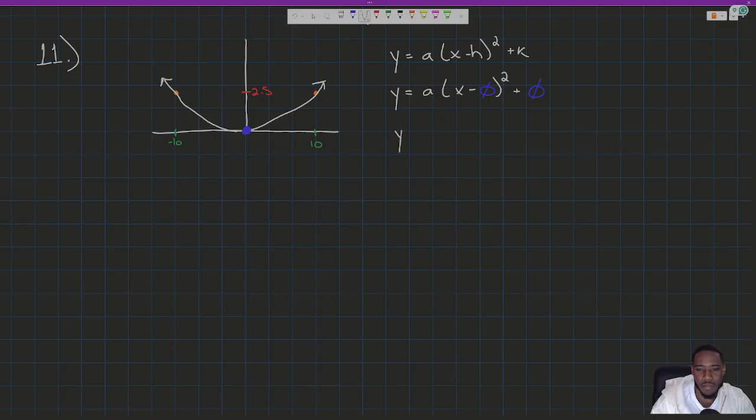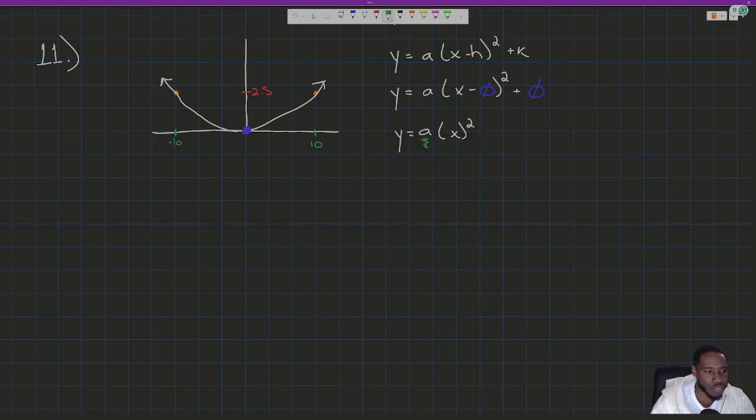Simplifying that, y equals a x squared, since x minus 0 is just x, and plus 0 just goes away.